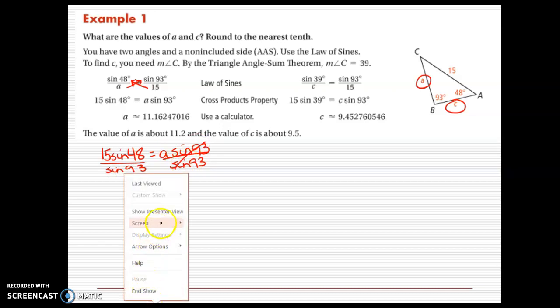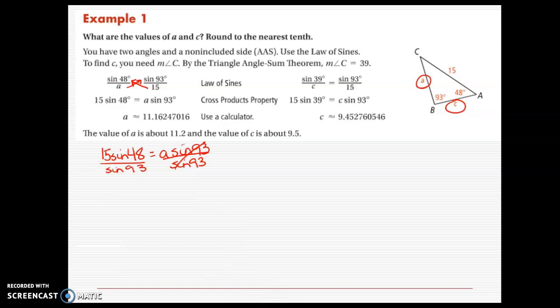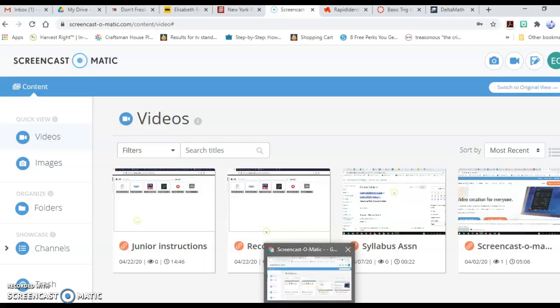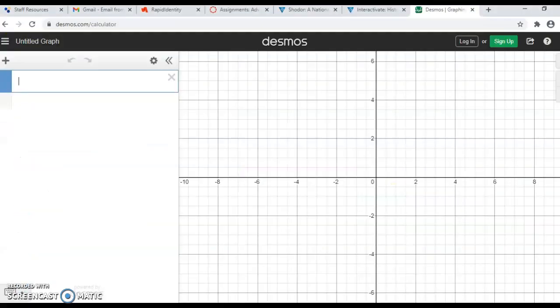So when you are doing it in a calculator, let's see which one I had. There we go.